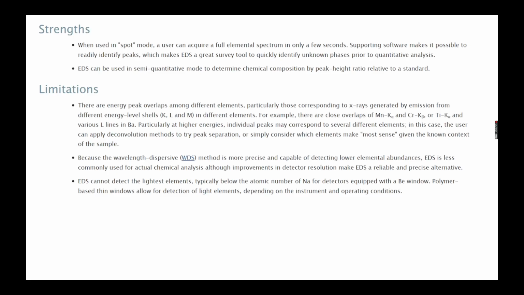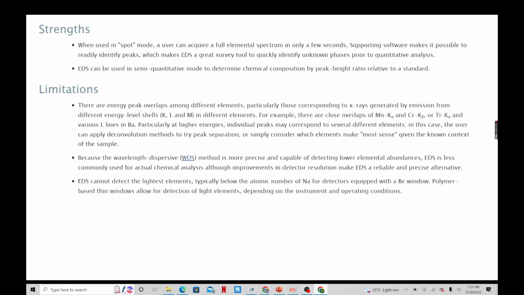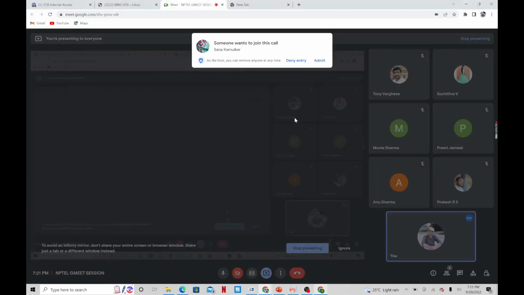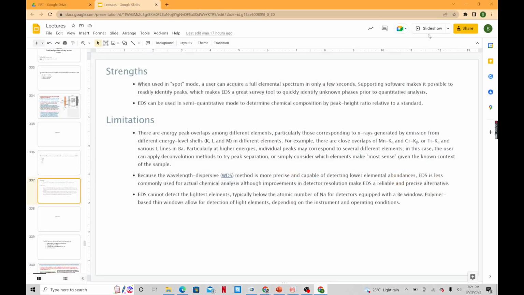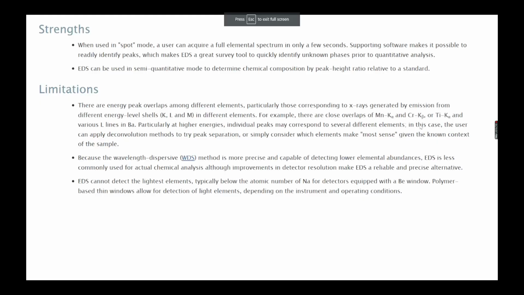In that case, if you do EDS analysis, it will show the chemical composition by the peak height ratio relative to a standard. In this way, we use EDS to detect the chemical composition of our sample.